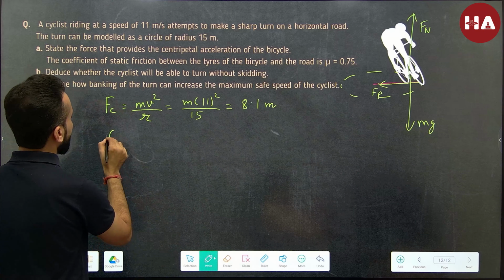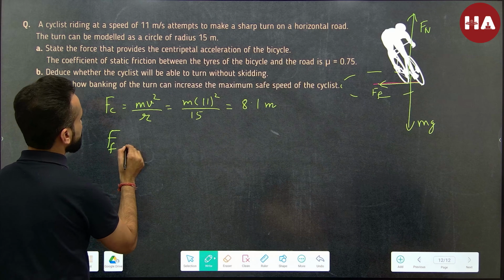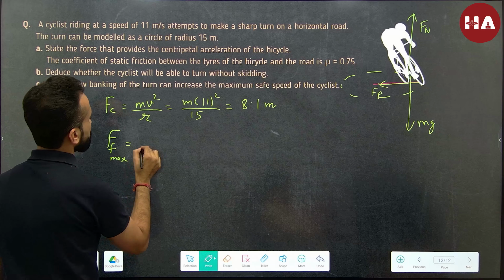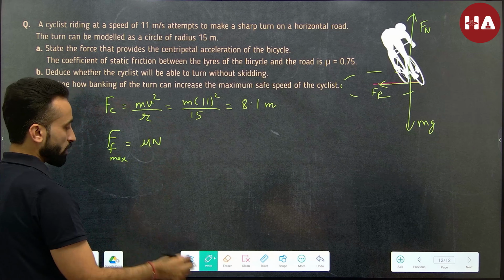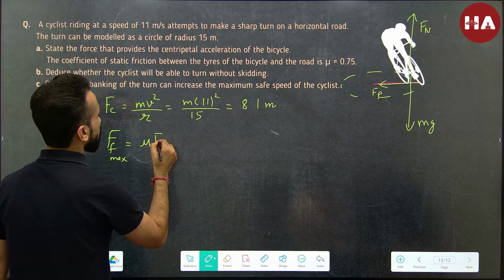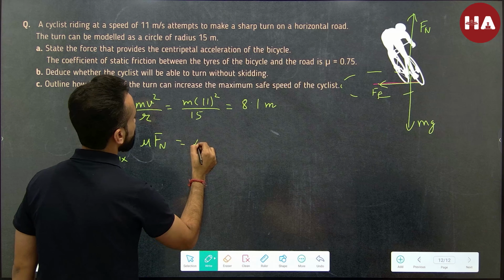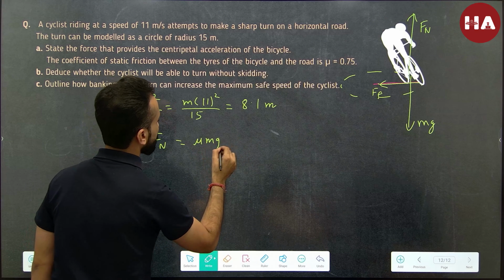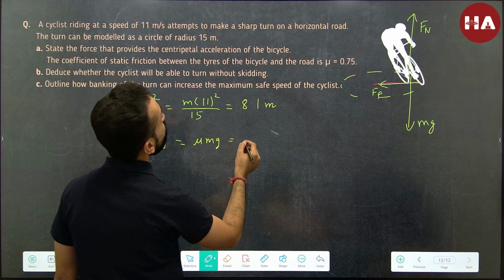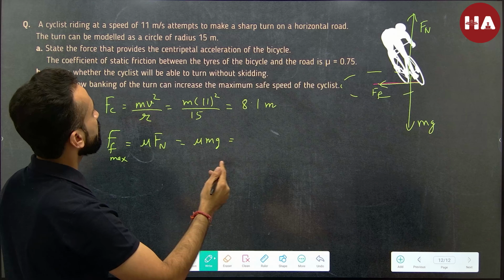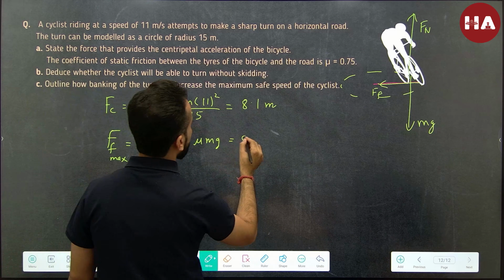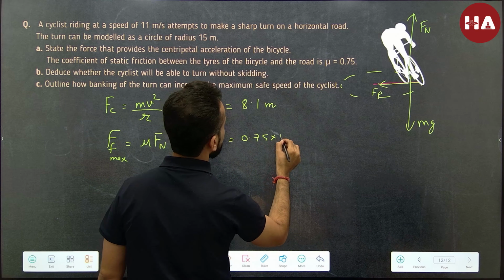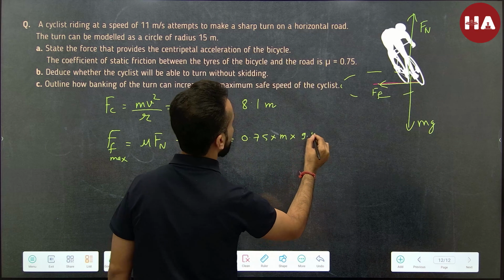Let's see what is the maximum value of friction that is available. As you know, it is mu Fn, that is mu times the normal contact force, so it's mu times mg. Mu is given to be 0.75, times m times g, that is 9.8.